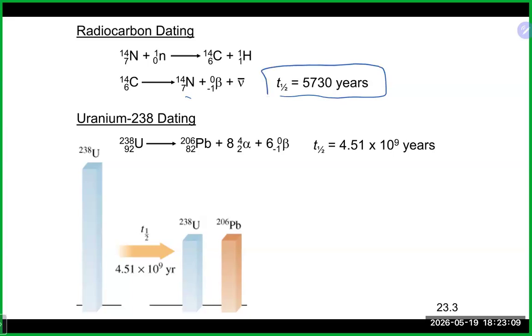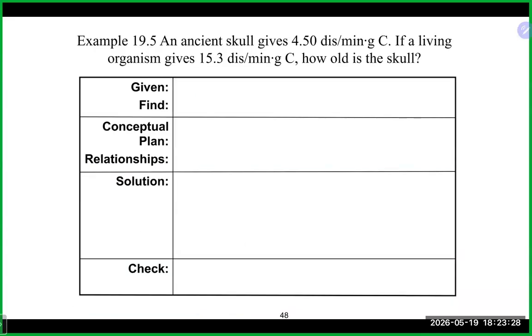Or you could do uranium-238 dating. Same idea, with a half-life of 4.51 times 10 to the 9 years. Sometimes, based on how much lead there is relative to uranium, you can figure out how old something is. It works basically the same way as the first order kinetics we've been talking about previously.